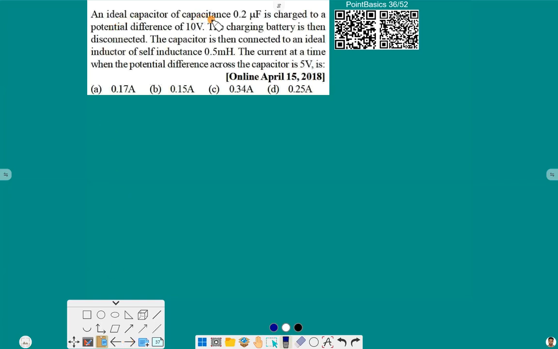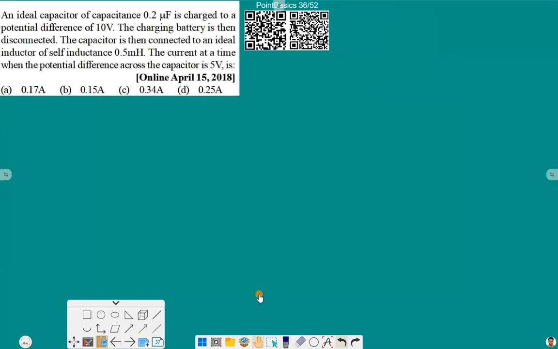An ideal capacitor of capacitance 0.2 microfarad is charged to a potential difference of 10 volts. The charging battery is then disconnected. The capacitor is then connected to an ideal inductor of self-inductance 0.5 millihenry. We have to find the current at the time when the potential difference across the capacitor is 5 volts. So here we have two cases.